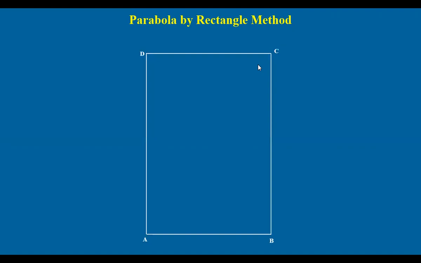Here the height it reaches and the base where the stone falls on the ground are given. Suppose you take this as the base and the height is marked here, and let's construct a rectangle. ABCD is the rectangle. This is the height reached by the stone.